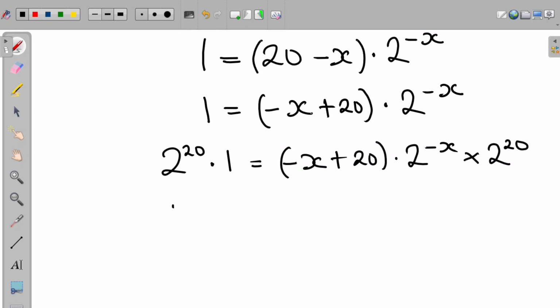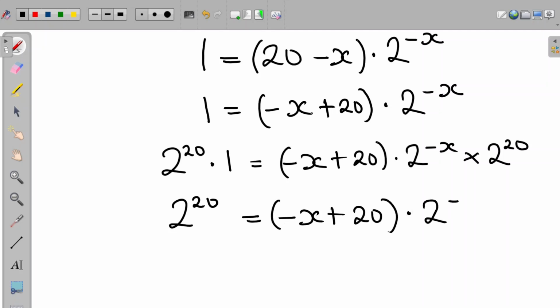So the equation becomes 2 to the power of 20 is equal to minus x plus 20 multiplied by 2 to the power of minus x plus 20.